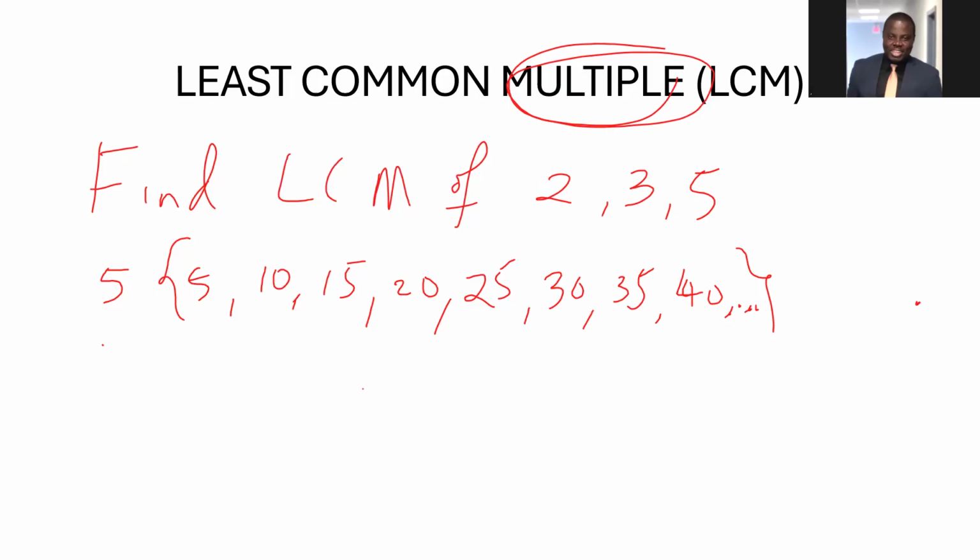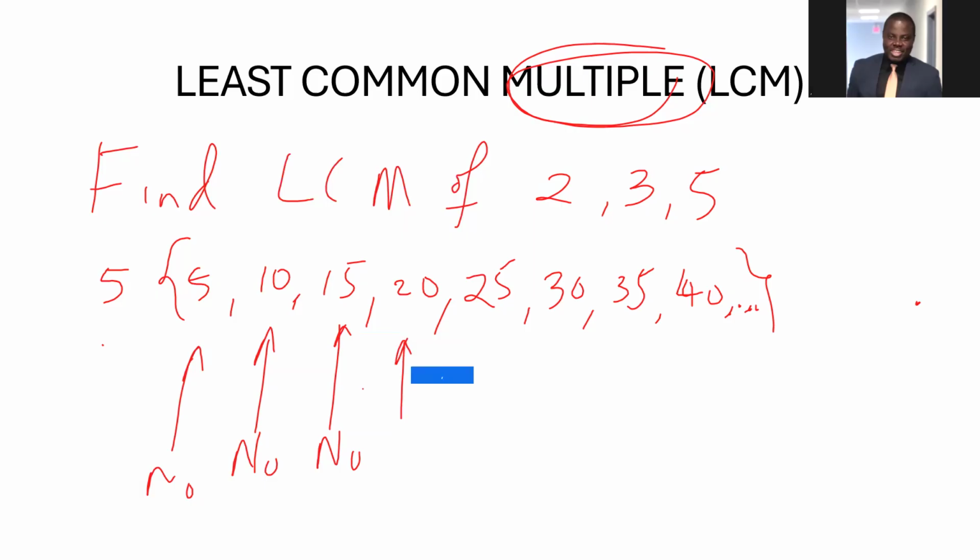All right, let's go to 10. Is 10 a multiple of 2? Yes. Is 10 a multiple of 3? No, so it doesn't work. 15. Is 15 a multiple of 2? Nope, it doesn't work. 20. Is 20 a multiple of 2? Yes. Is 20 a multiple of 3?